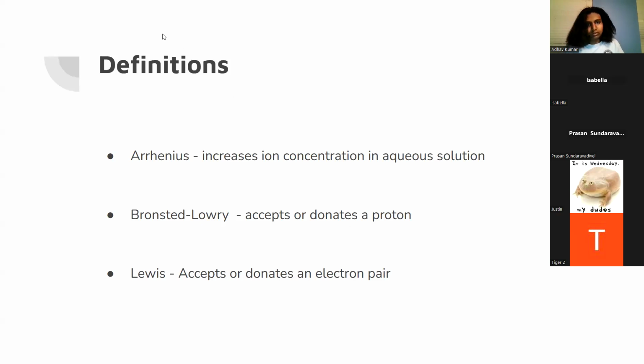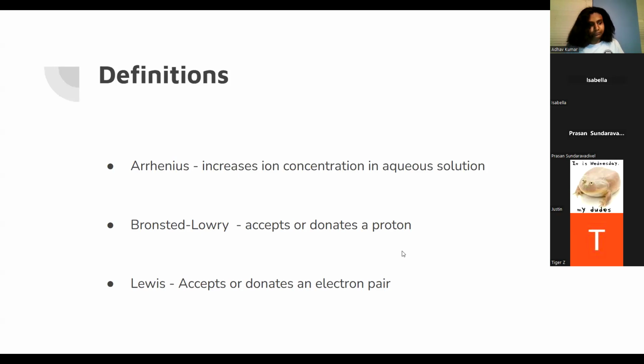Sure, yeah. These are the different definitions for acids and bases: Arrhenius, Bronsted-Lowry, and Lewis. The Arrhenius definition is that it increases the ion concentration in an aqueous solution. That is, it will dissociate and then increase that concentration. Bronsted-Lowry is that it either accepts or donates a proton, while Lewis is that it accepts or donates an electron pair.